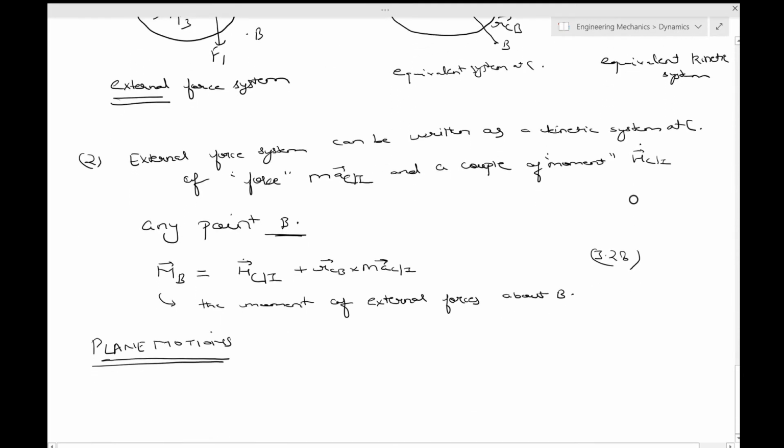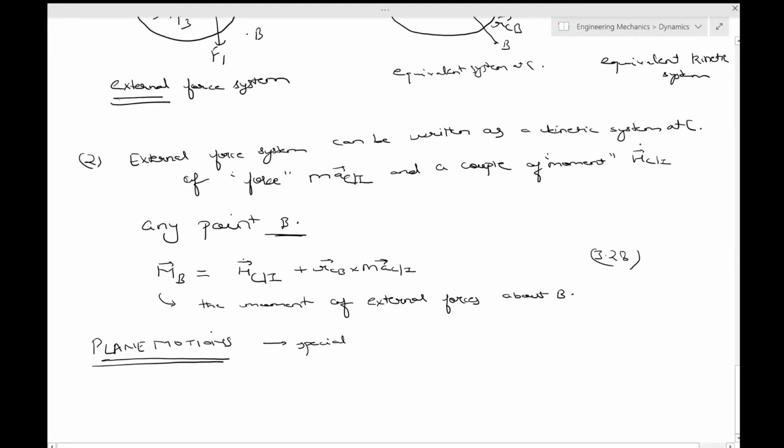Let's treat those special cases, because most of the problems and applications only come up in this case.